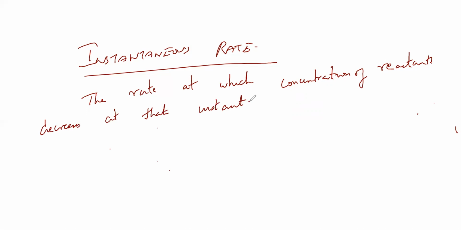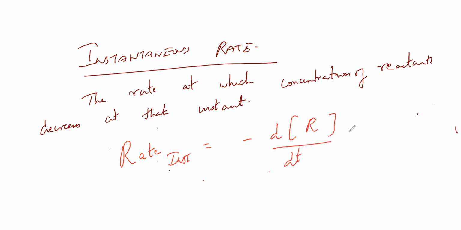That is called instantaneous rate. Same equation only. Rate instantaneous is equal to minus dR by dt, or else you can write minus of delta R by delta t. Same thing only. If it is a rate, it will be the first graph.